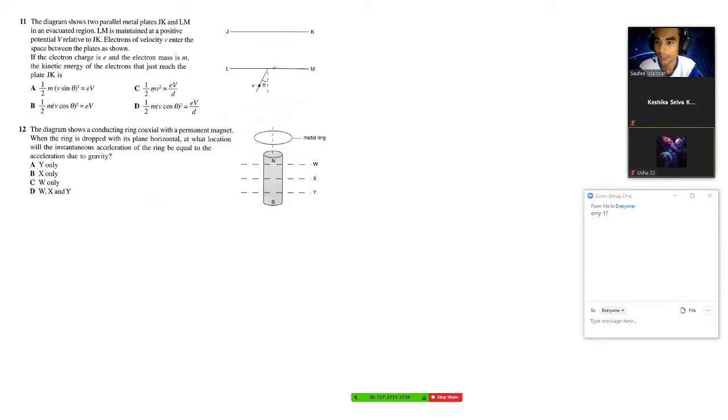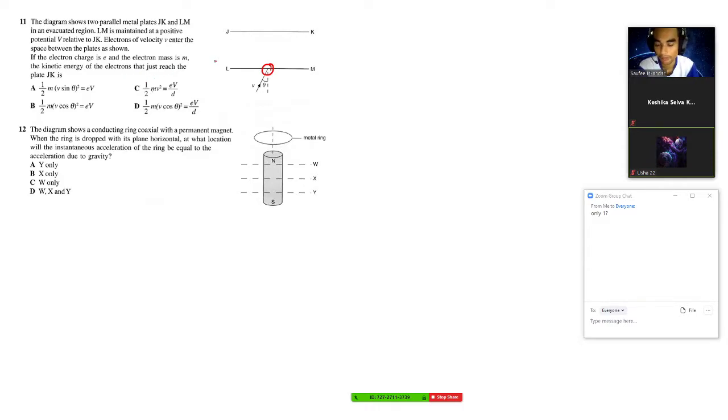Electrons enter the space between the plates as shown below. There is supposed to be a hole right here. The electron charge is e, and the electron mass is m. The kinetic energy of an electron that just reached the plate JK is which one?